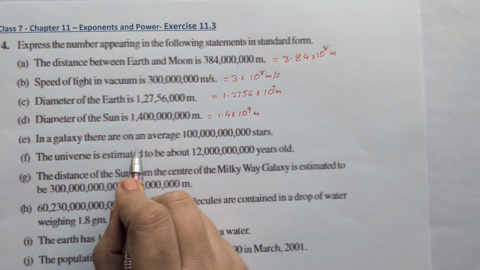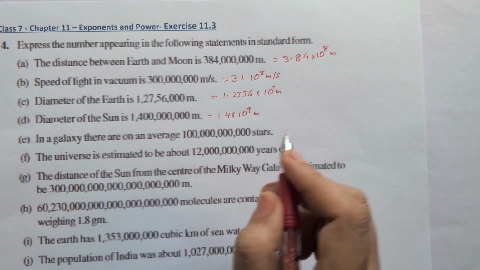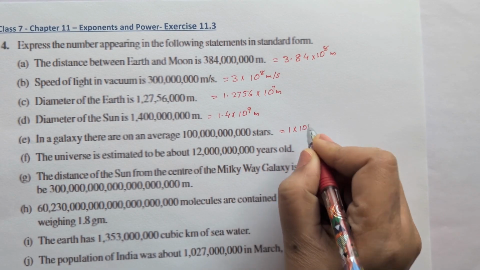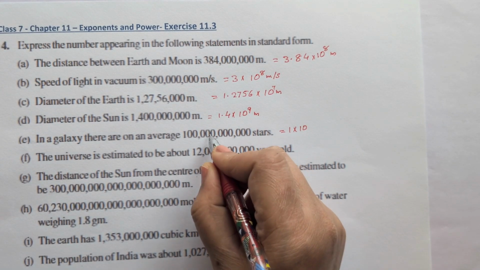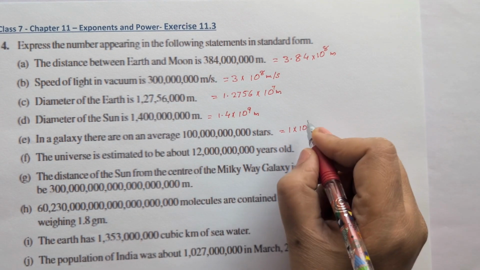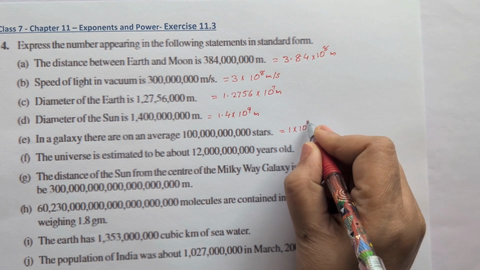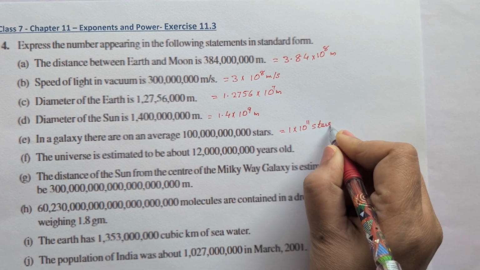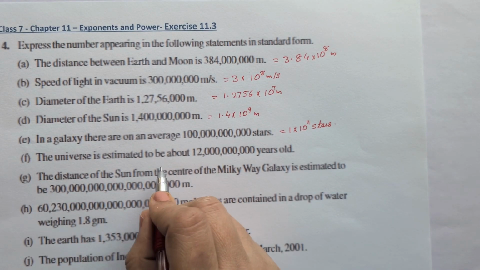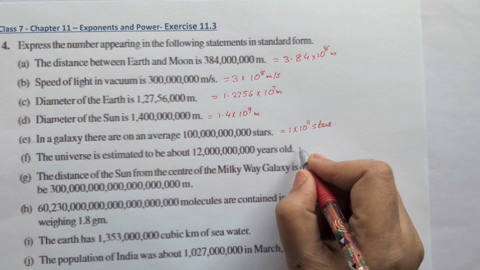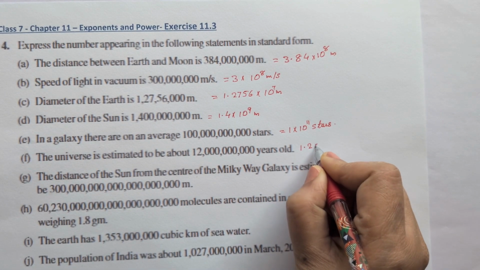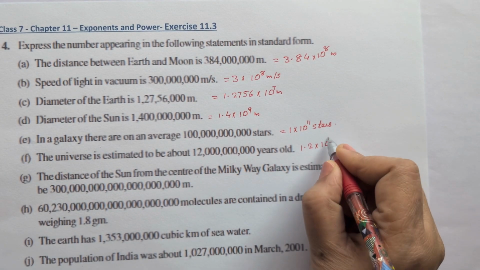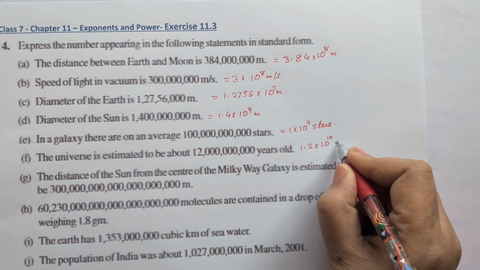Here in a galaxy there are on average 1 into 10 raised to 11 stars, same unit. Next is universe is estimated to be about 1.2 into 10 raised to 10 years old.